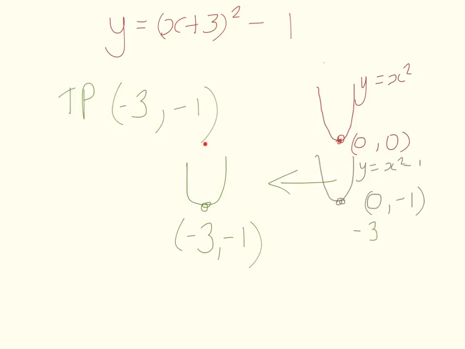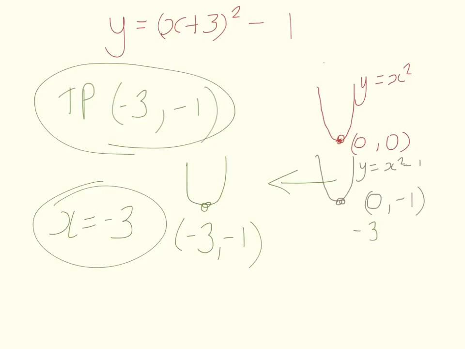So the axis of symmetry would simply occur at x equals minus 3. So here's your turning point, here is your axis of symmetry. So the axis of symmetry is the negative of the constant in the bracket, and the turning point is the negative of the constant in the bracket and the value at the end.